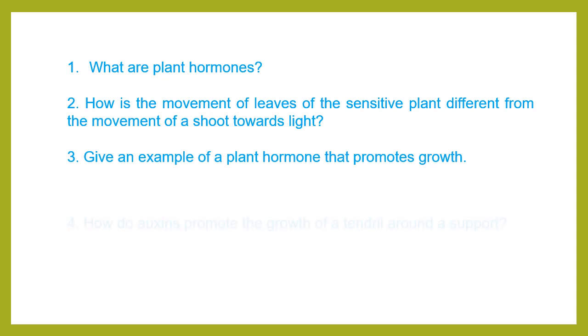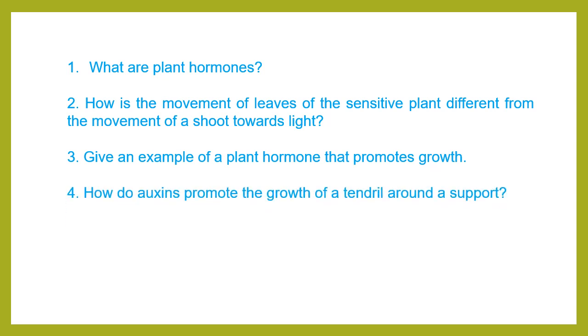Therefore, you can answer. How does auxin promote the growth of a tendril around a support? Remember that particular diagram I showed you, in which part auxin is working, towards the sun or away from the sun? Away from the sun. So there, more auxin, more cell elongation.